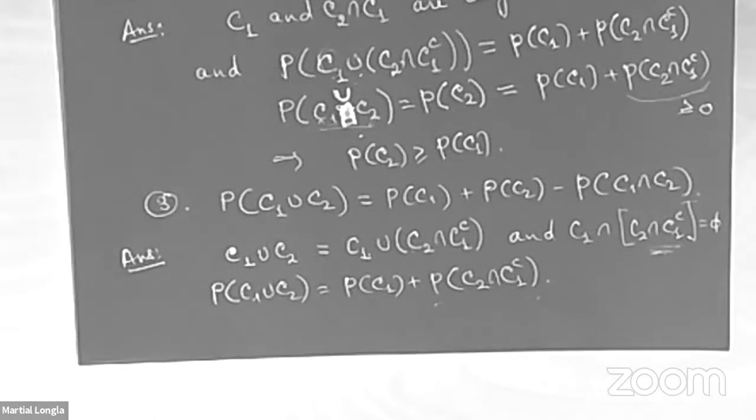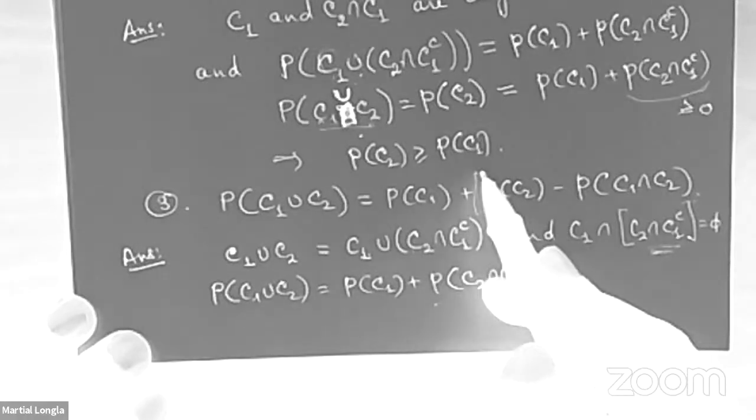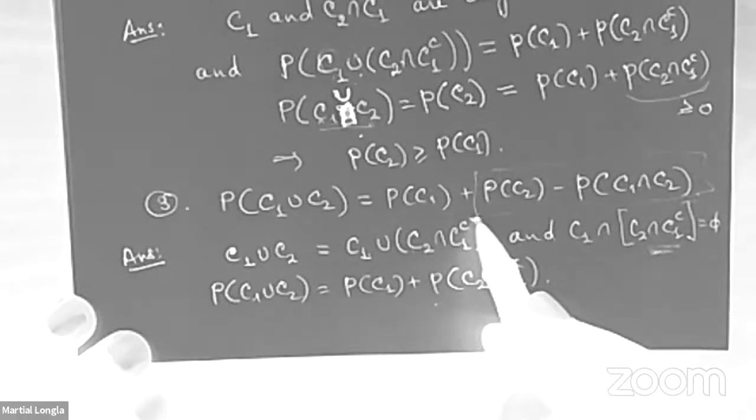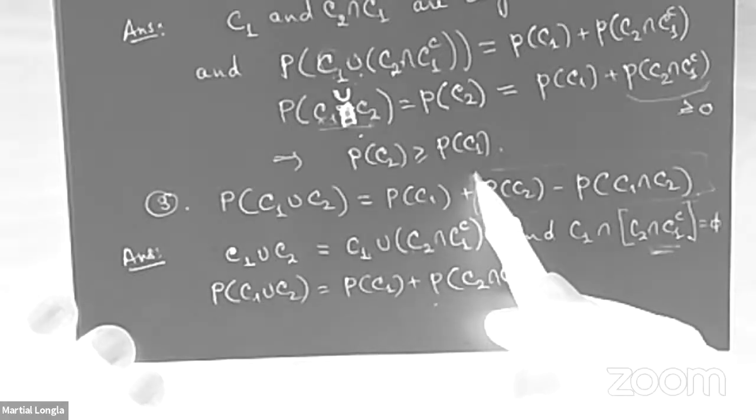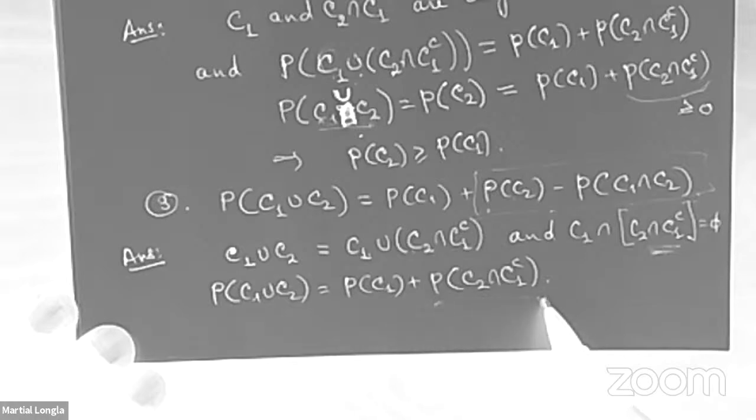The hint here could be that, if you look at this piece, it has to do with taking something out of C2, right? So we will consider C2. Am I making sense? This piece here is what we need to show is equal to this. So we need to relate this to that piece. That's the spirit of the proof.